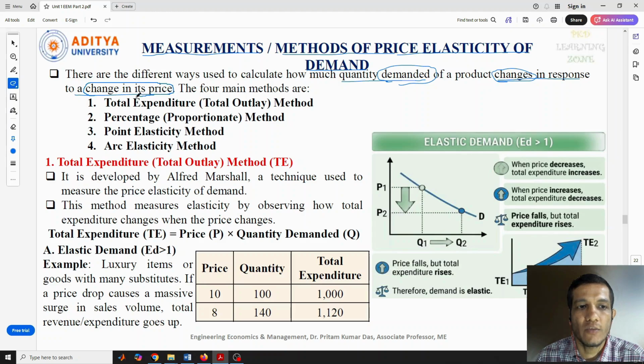So if the price of the product changes, how much the quantity demanded changes will be identified by different methods. There are basically four methods available.